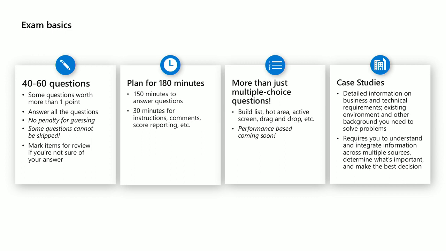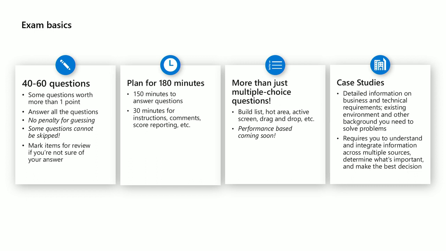There are a few question types you might get. Besides the multiple choice questions that you might be familiar with, you might also get interpretation of graphics, where we give you a screenshot and you interpret the data on the screen. You might also get build lists, which ask you to build a sequence in a specific order. Once the exam goes live, you will also get performance-based testing, which gives you the opportunity to demonstrate your skills in a real environment.